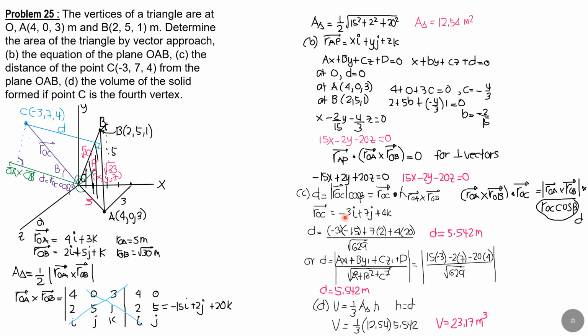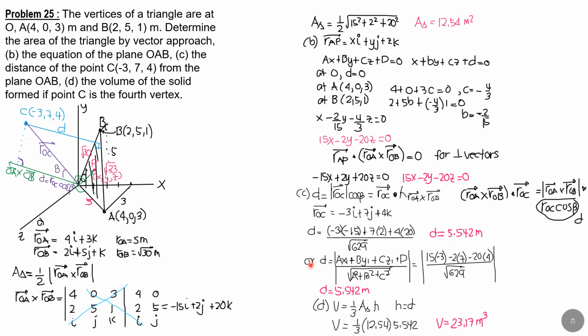So it's negative 3 times negative 15 plus 7 times 2 plus 4 times 20, divided by the magnitude, which is the square root of 629, where the square root of 629 is equal to the square root of 15 squared plus 2 squared plus 20 squared. So D is 5.542 meters.